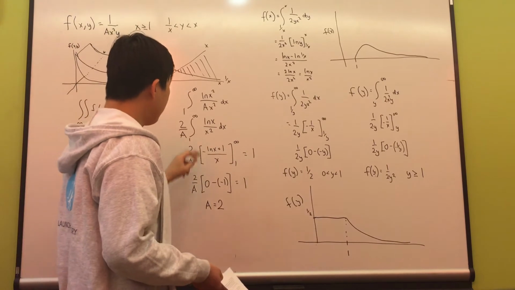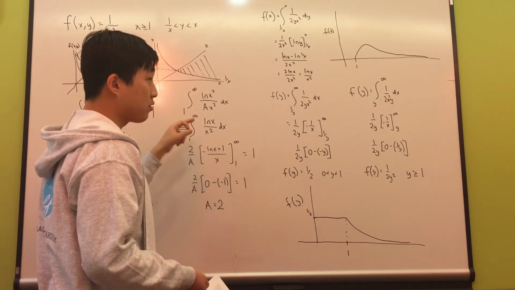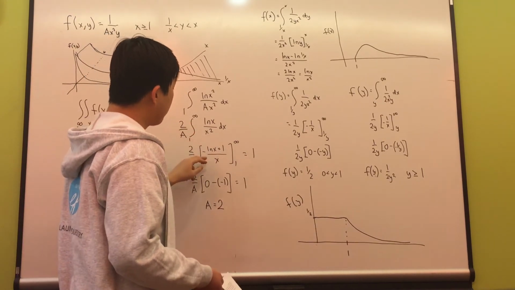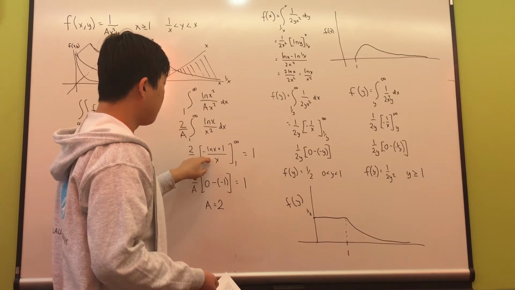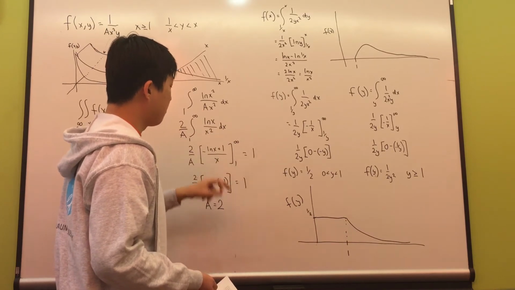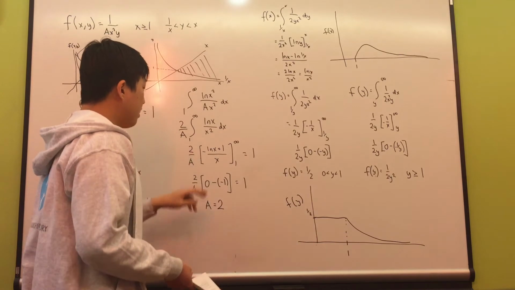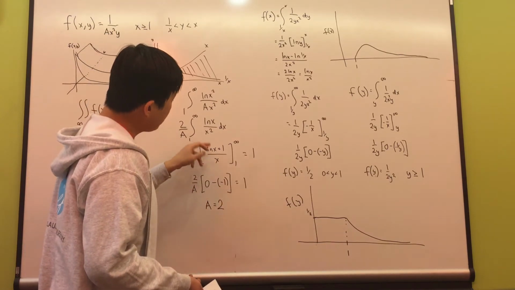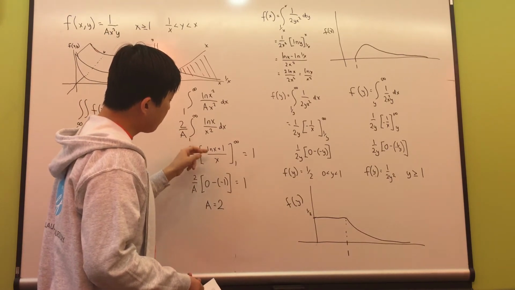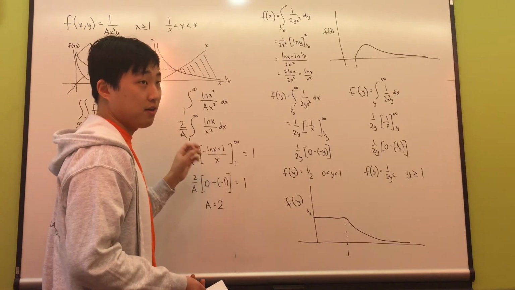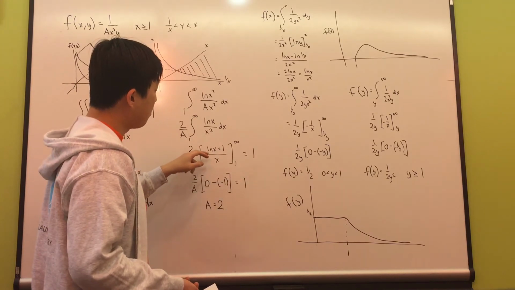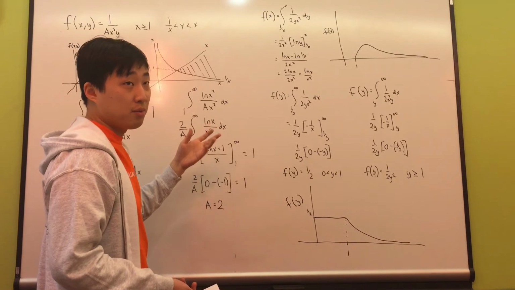When we integrate this function using integration by parts, we end up with negative ln x plus 1, divided by x, from 1 to infinity. At infinity, ln of x increases at a much slower rate than x does, so it becomes a small number over a large number.